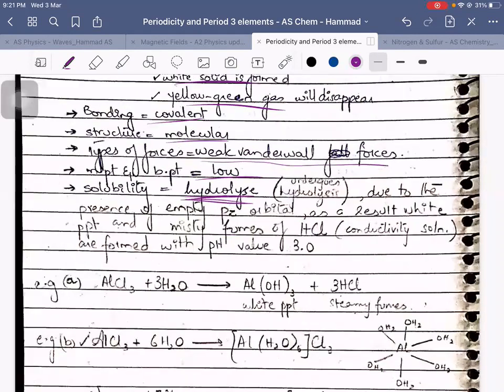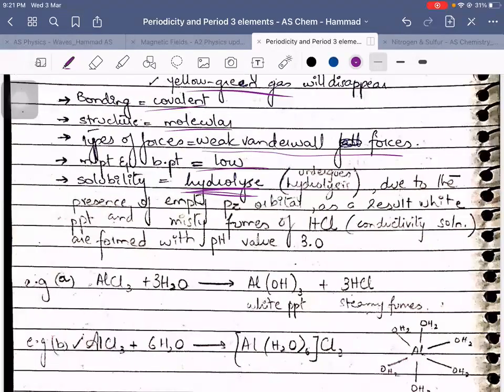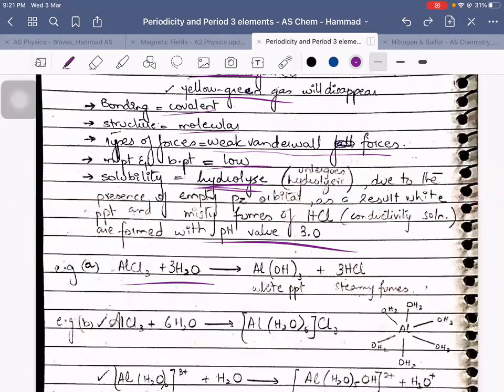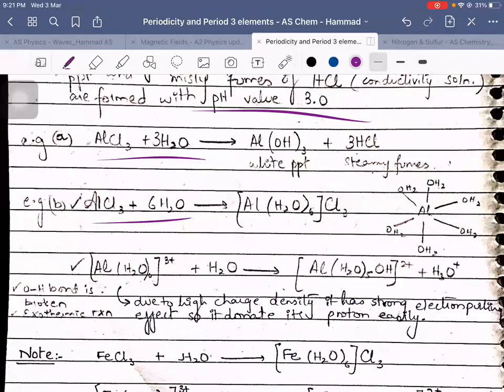Basically, aluminium has an empty 3p orbital, and as a result, white precipitate and misty fumes of HCl are formed with a pH value of 3. Moving forward, AlCl3 with H2O gives you Al(OH)3 plus 3HCl. AlCl3 with more water content forms a complex solution.